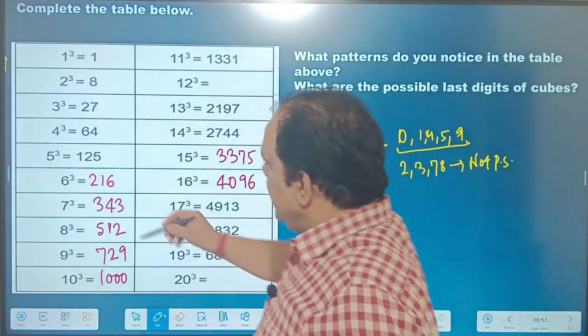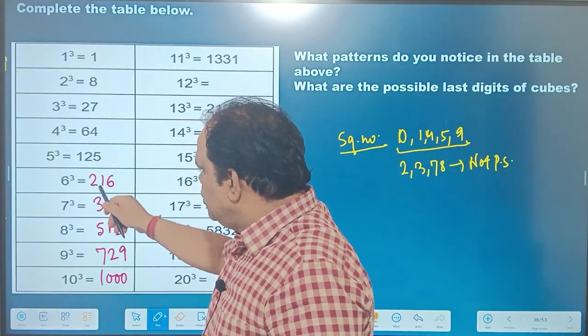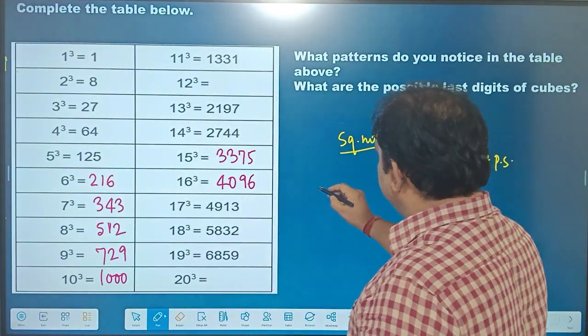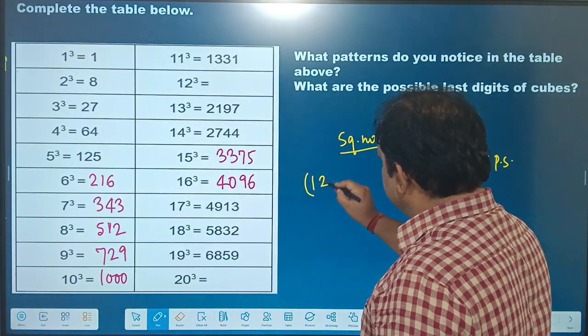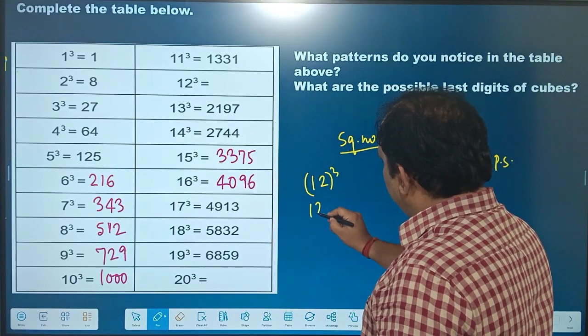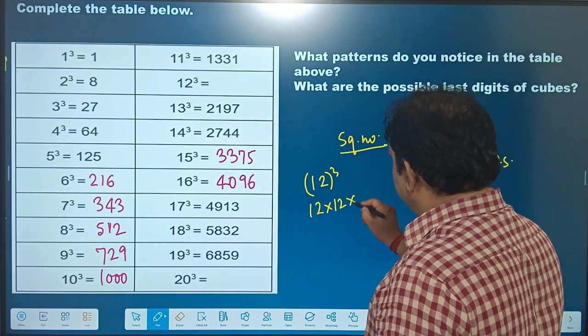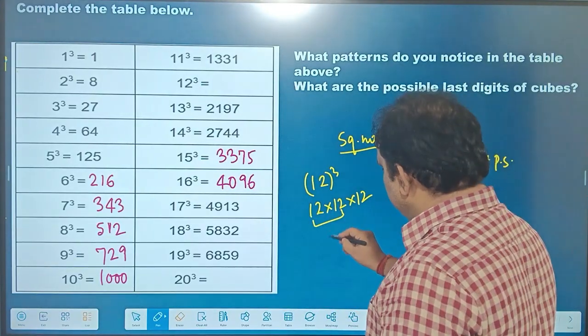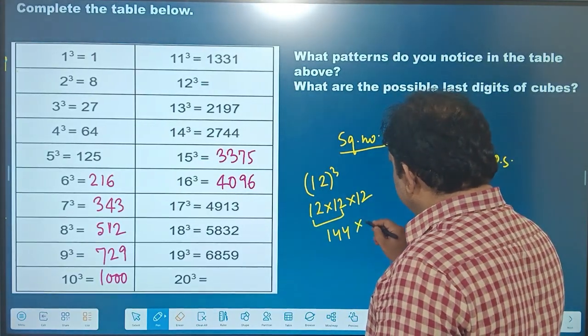Okay, so I have already filled in this table. You better fill in the rest. One I have kept left intentionally so that I can tell you how you find it. Let's say if you have to find the cube of 12, you will write 12 into 12 into 12. You will remember 12 squared is 144, and then you have to multiply by 12.